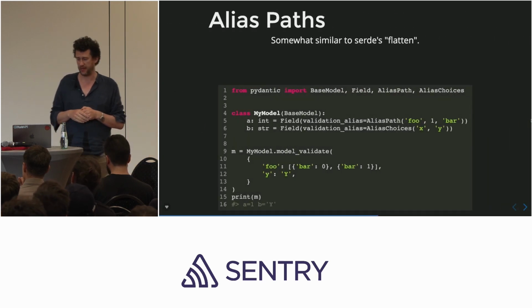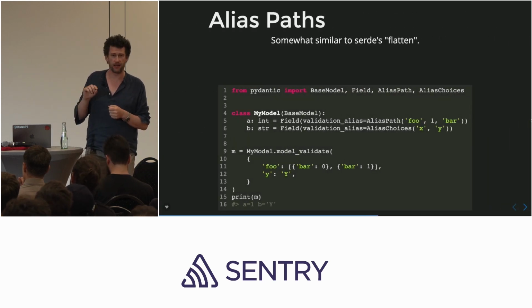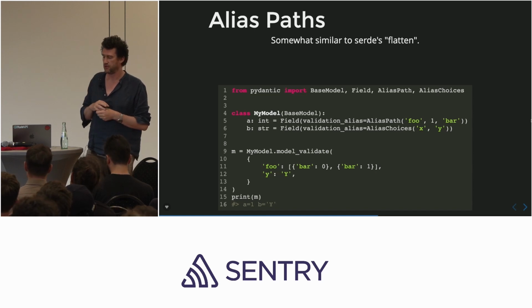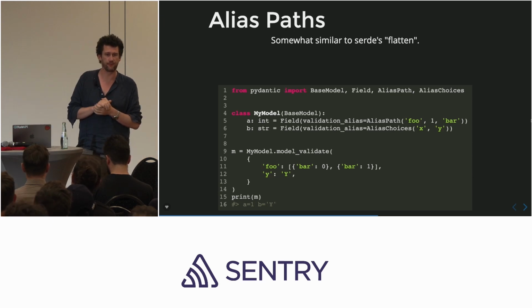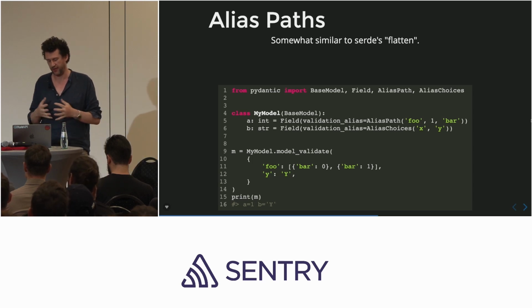Alias paths are another big improvement. They're actually inspired by serde's flatten functionality. The idea is you have an object with nested values that you want to pull out and put into your top-level Pydantic model. That wasn't possible in Pydantic v1, or you could write your own validators, which worked but was hacky.